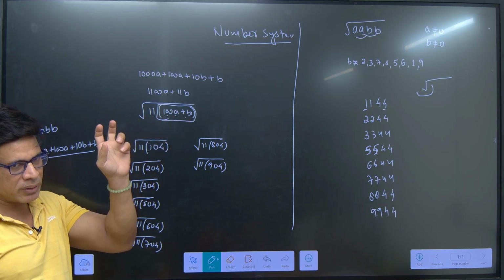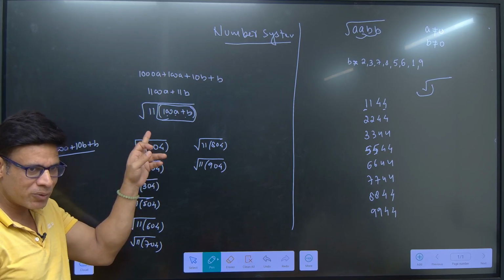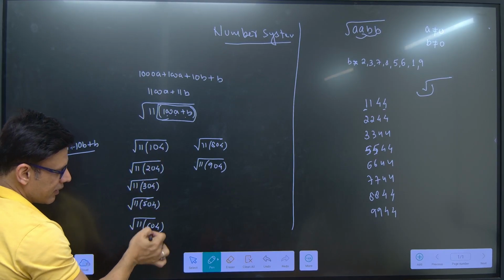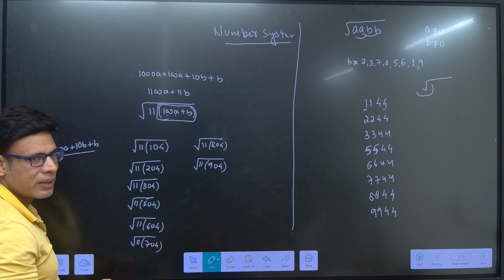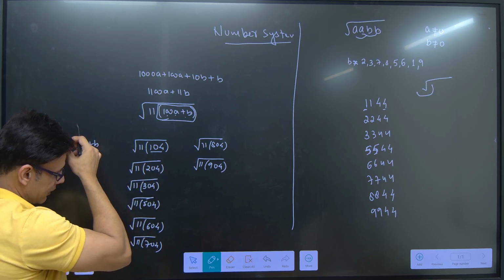I told you if the number is a perfect square, then the pair will come out, right? One 11 is visible, and we need one more 11. That means among these numbers, whatever numbers are divisible by 11, I will take that as my answer. Is this divisible by 11?